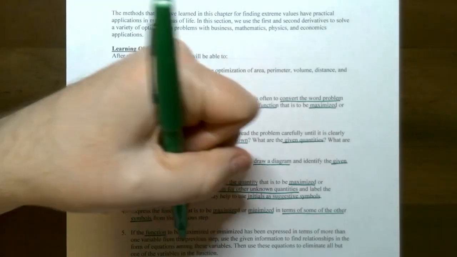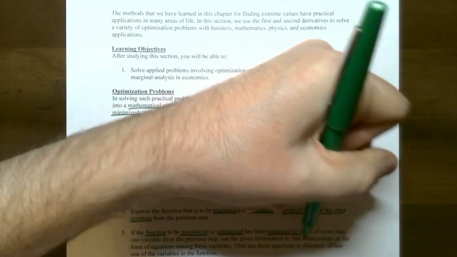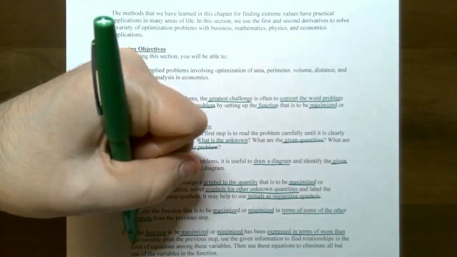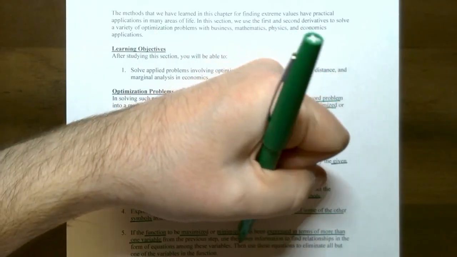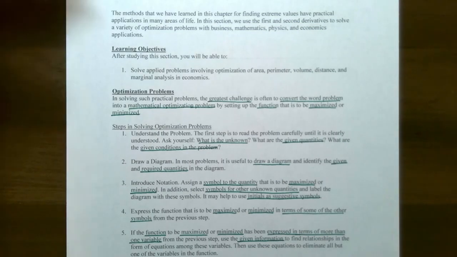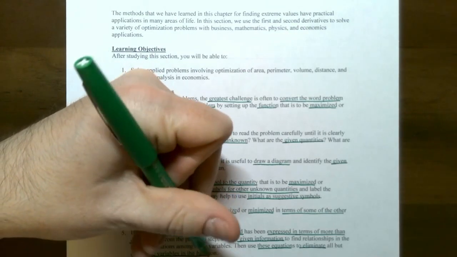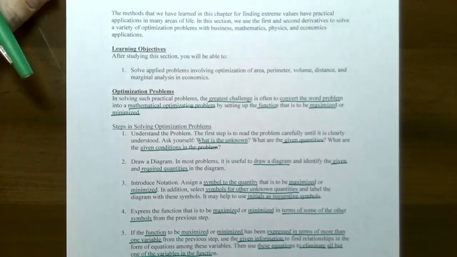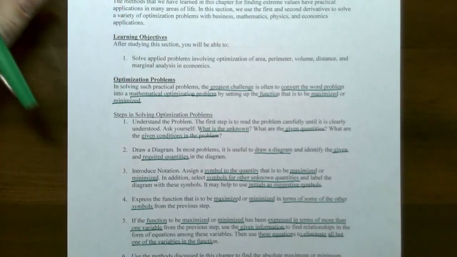If the function to be maximized or minimized is expressed in terms of more than one variable, then you need to use additional information in the problem that relates the several variables together and use those equations to eliminate all but one of the variables in the function. So you need to have a function of just one variable.